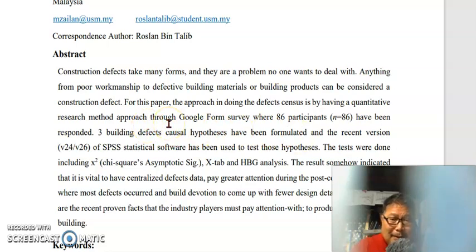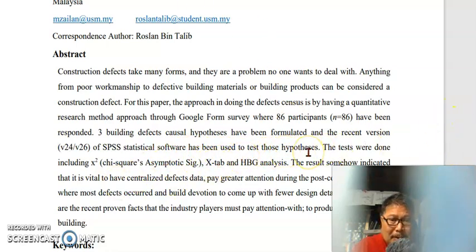This is the data that we have here, and we are using the recent IBM SPSS version 26, and then we tested the hypotheses. I think we had about 3 hypotheses to be tested.